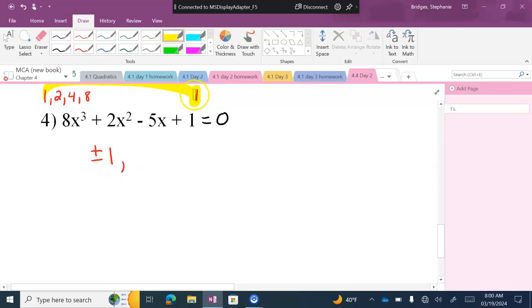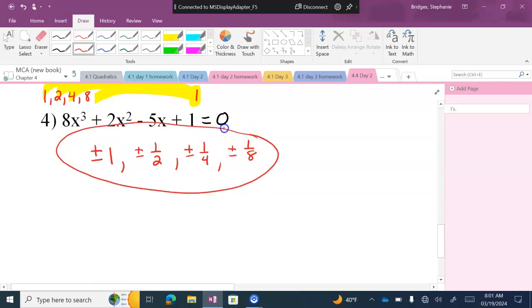And then plus or minus 1 divided by 2 is 1/2. Plus or minus 1 divided by 4 is 1/4. And then plus or minus 1 divided by 8 is 1/8. And because I don't have any other factors of my constant term, that is my complete list of possible rational solutions. Everybody kind of okay with that?